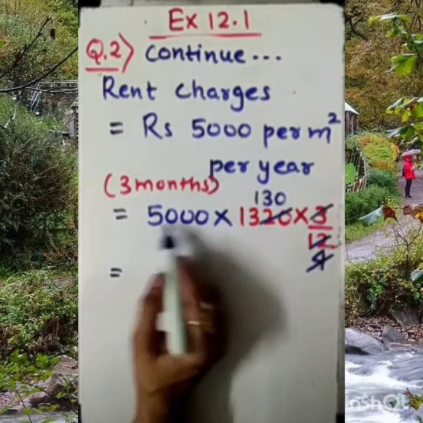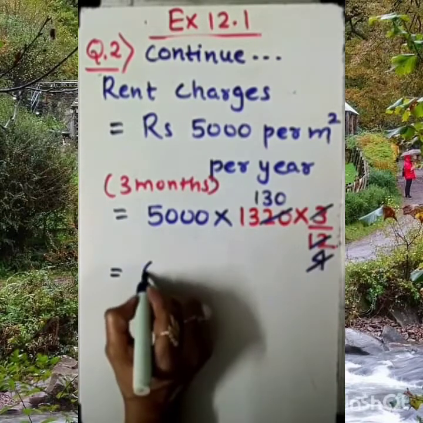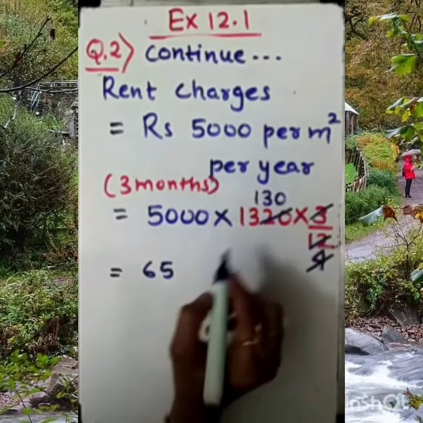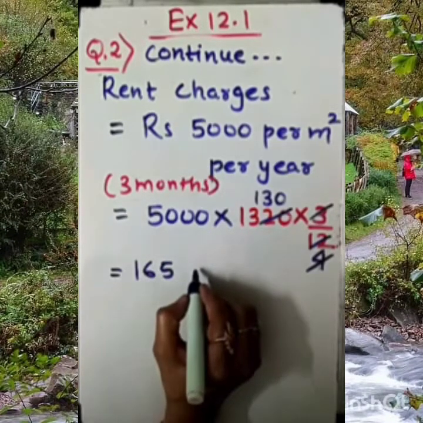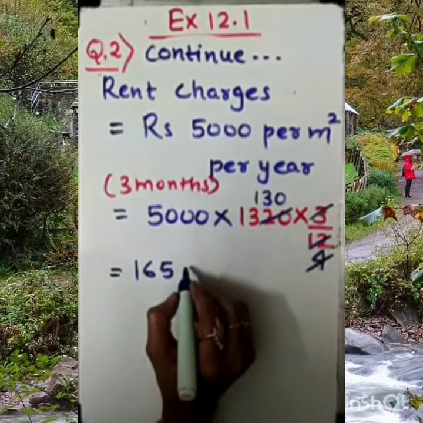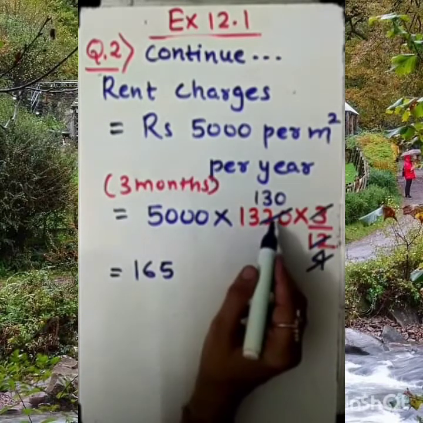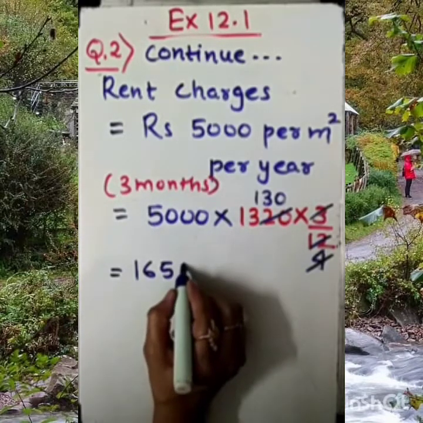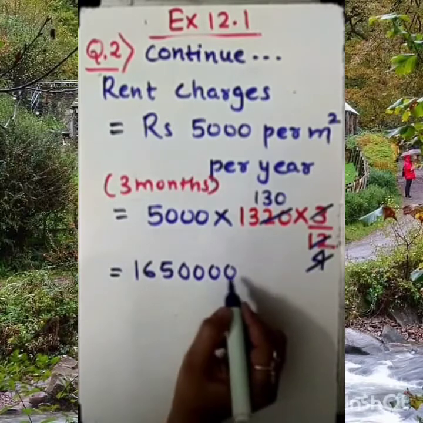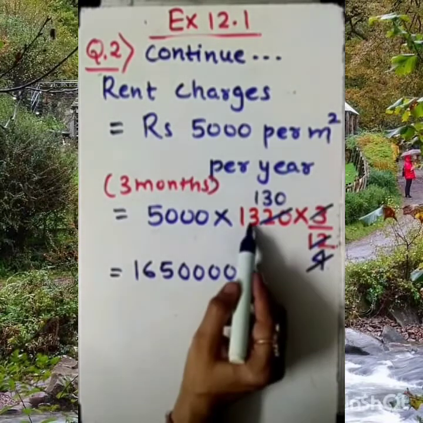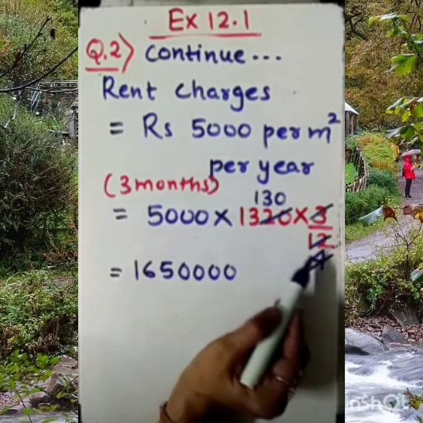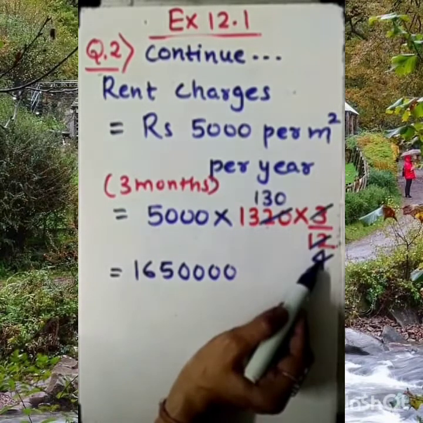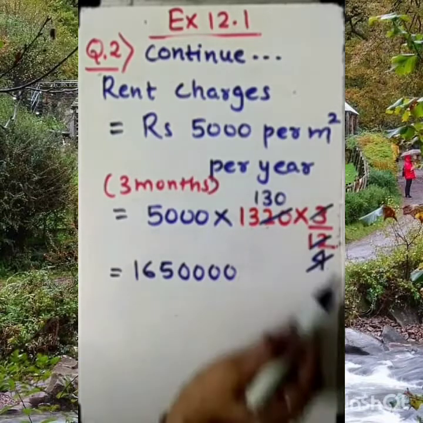Now let's multiply 13 by 5, the product is 65, and then the zeros will be there.